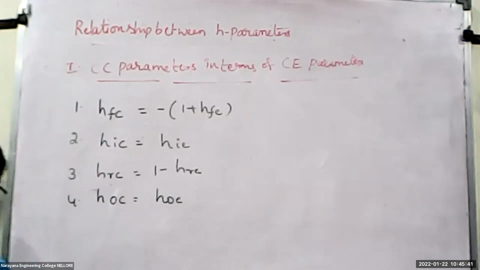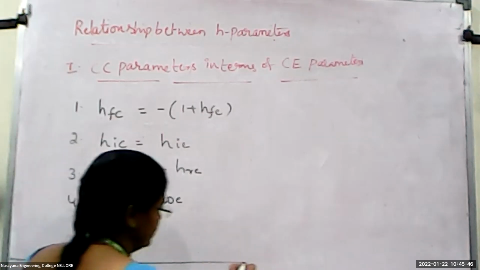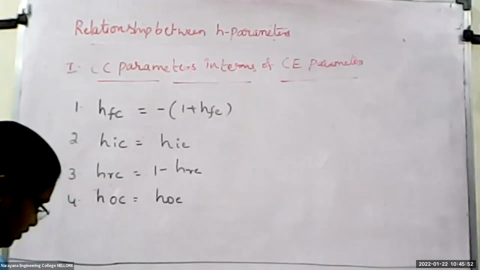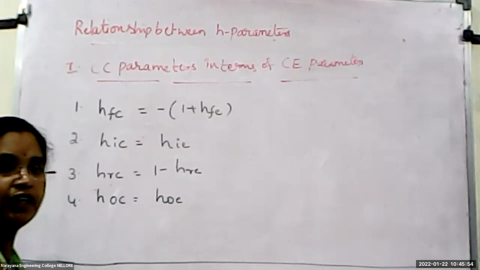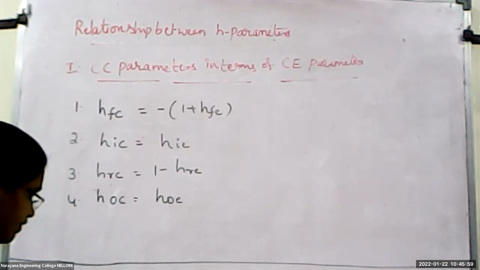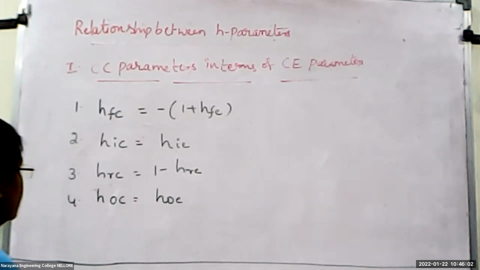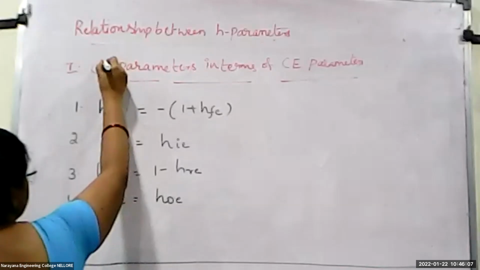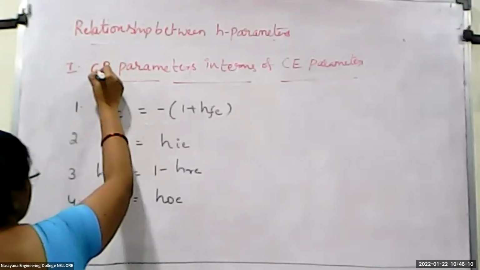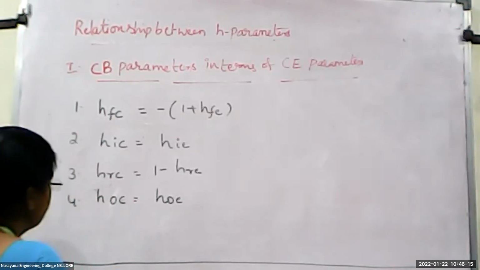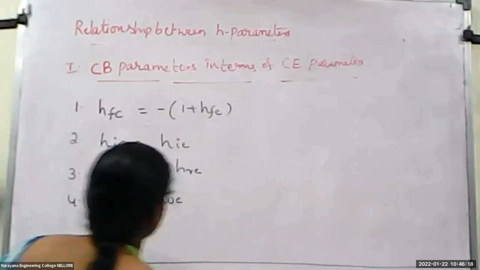Next one, note down the formulas. Everyone written the formulas? Just 4 formulas. Yes, ma'am. Next one is CB, CB parameters in terms of CE.